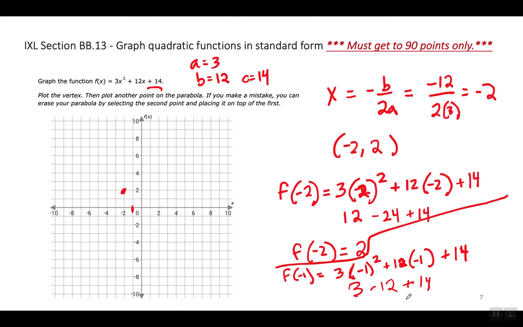Negative 9 plus 14 is positive 5. So when x equals negative 1, y equals positive 5. So there's the other point that I needed on the parabola, which will also be on the other side of the parabola. And again, IXL will do the rest. So there's my parabola.